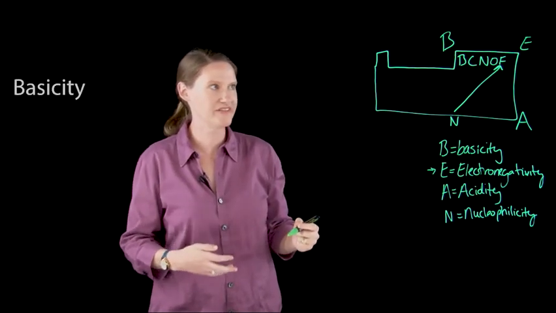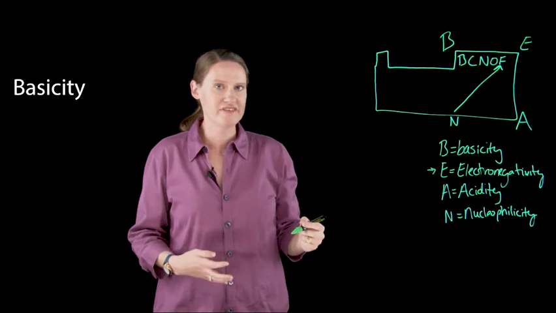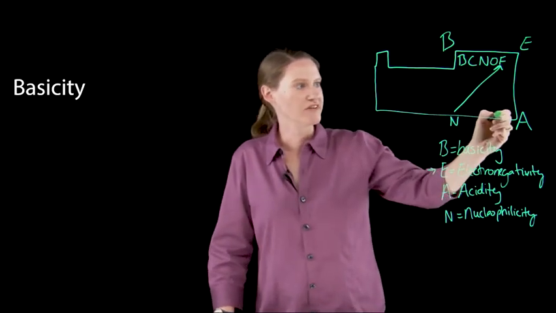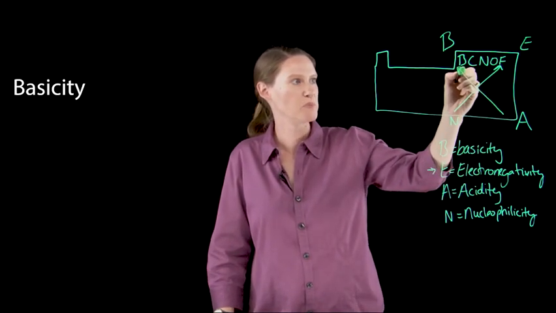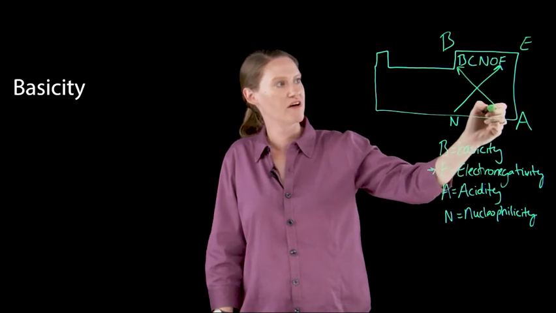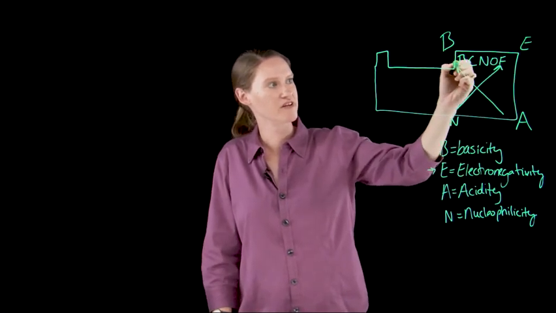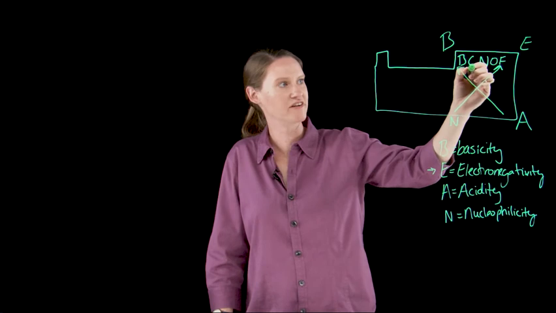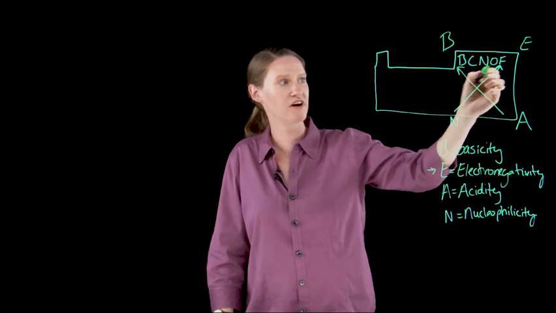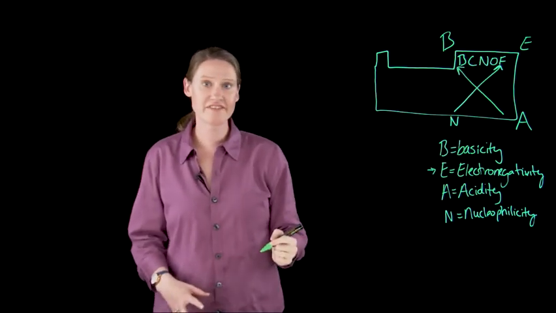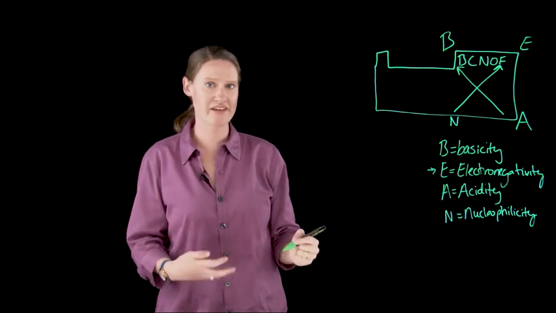So we'll do basicity next. Basicity, the trend for basicity goes like this. It moves up and to the left, so that carbon is more basic than nitrogen or oxygen. Now that makes sense if we think about the reaction that's happening.